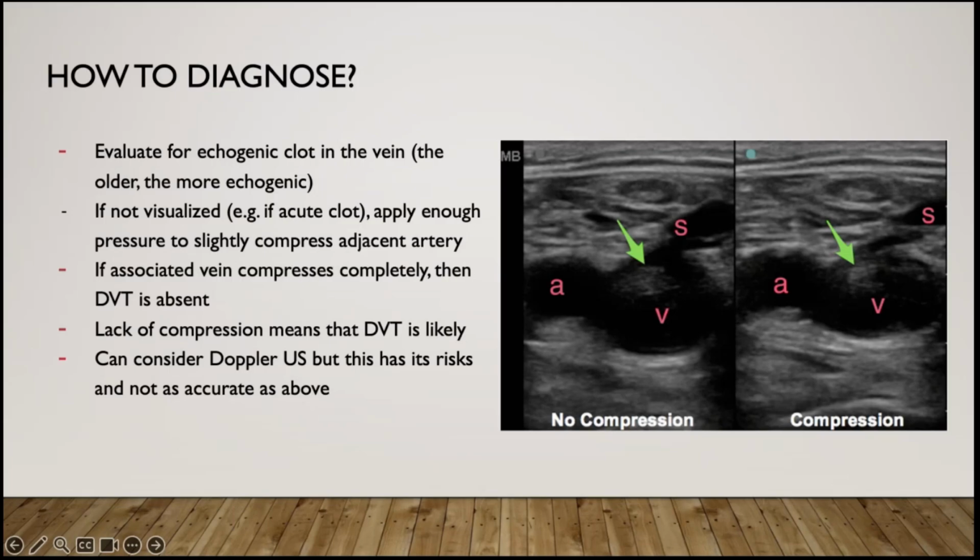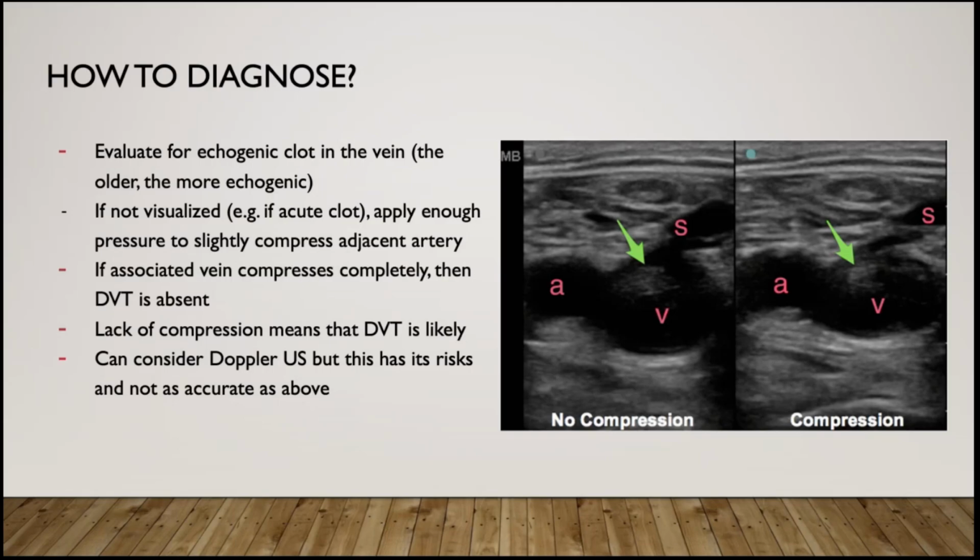Additionally, let's say the clot is a little bit newer. Newer clots tend to be less echogenic, so this is probably a little bit of an older clot. But if it's a newer clot, you might not necessarily see that there's an echogenic structure there. And if that's the case, the next step would obviously be compressing. And you should compress regardless, even if you see the clot or not, just to evaluate further.